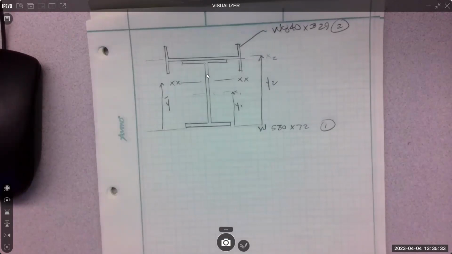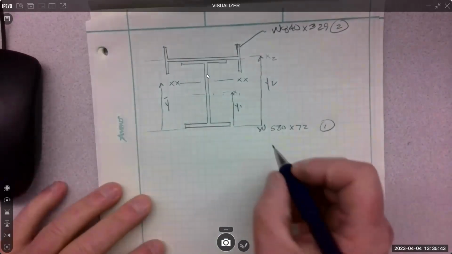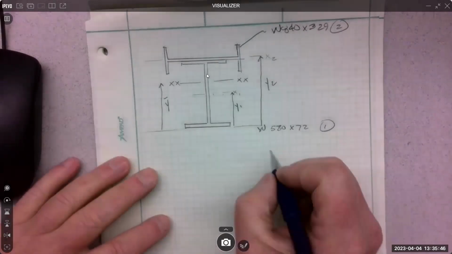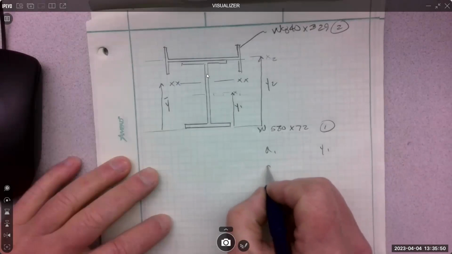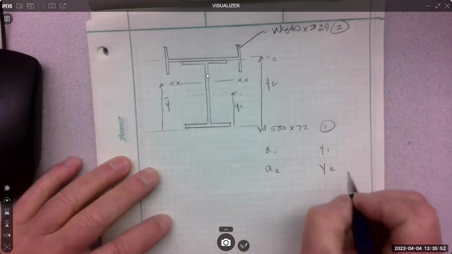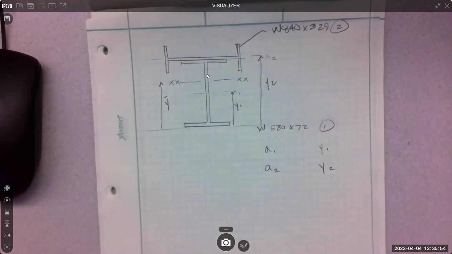I'm going to give you a little more time to draw it. We only have two shapes. We only need four things. A1, Y1, A2, Y2, right? That's what we need to run this equation.